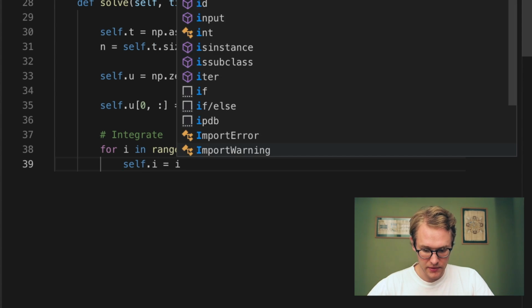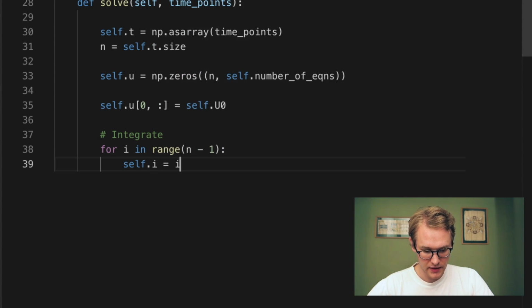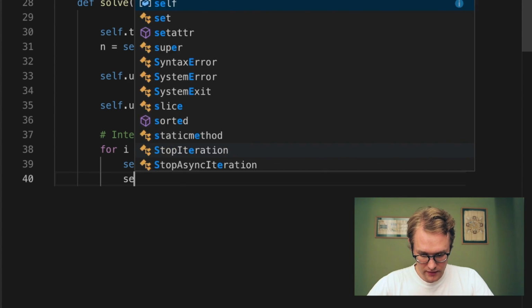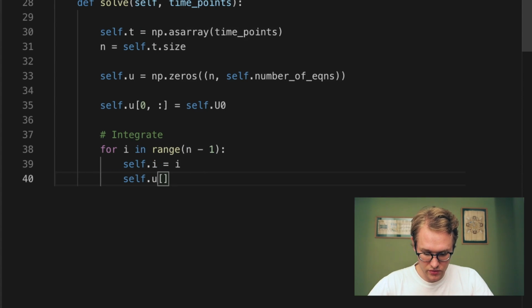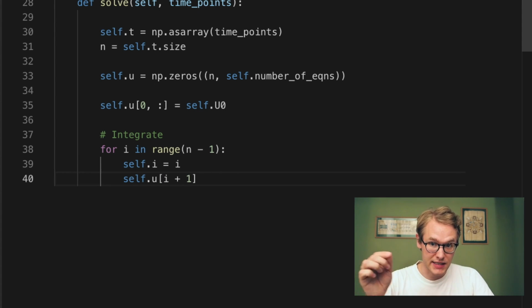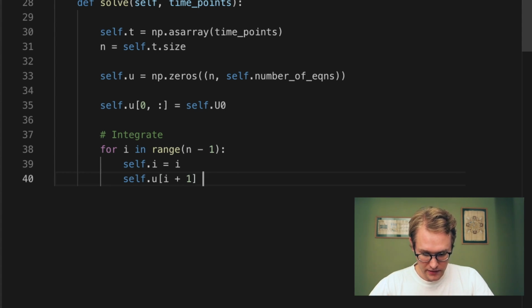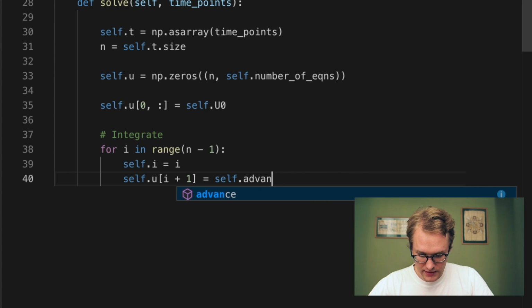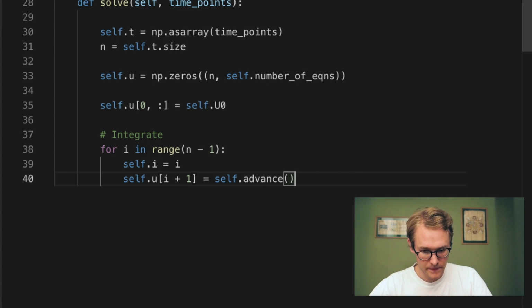Okay, we probably need that one, so I'm just going to save it. And then self.u[i+1]. This is why we have n minus 1 here, because we are computing the next step. Alright? We are going to call the advance method. Not yet implemented. Sorry if this is a little bit confusing right now, but you'll see in a minute what I am going towards.